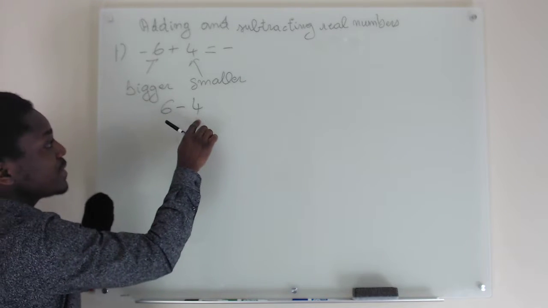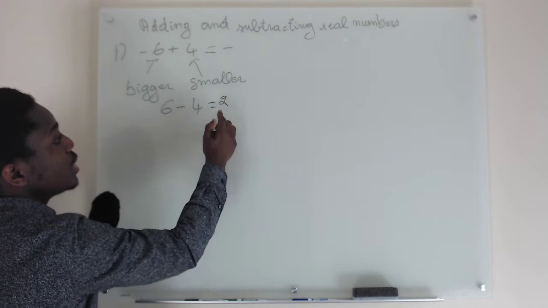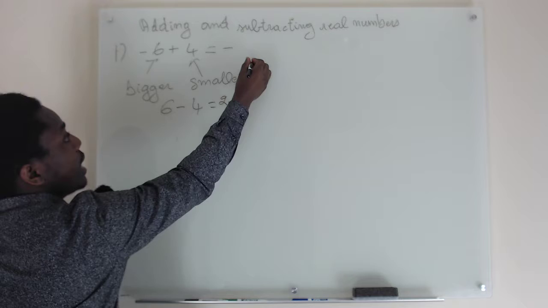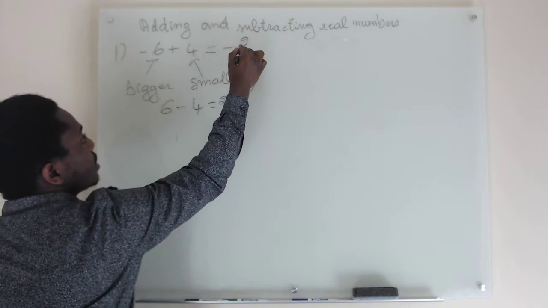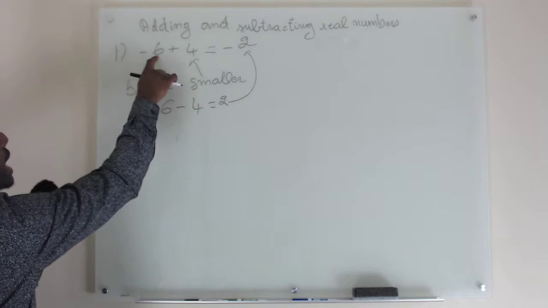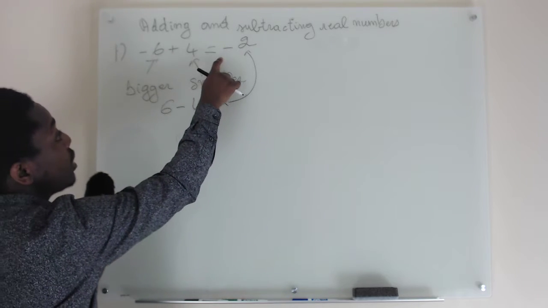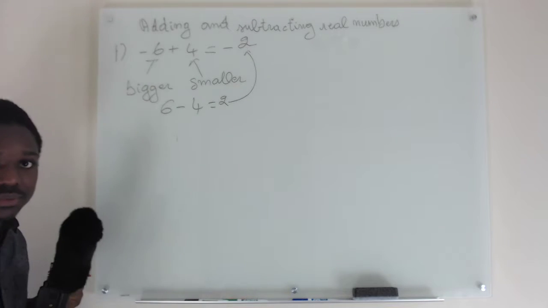So 6 minus 4 is 2. You take the number 2 and you put it right here. So the answer of -6 plus 4 is equal to -2.